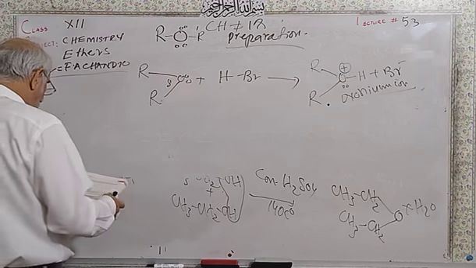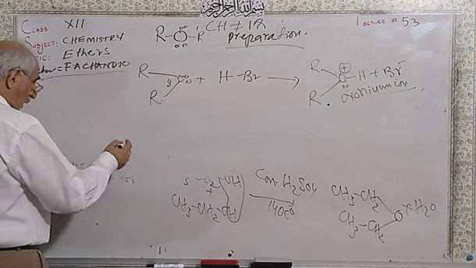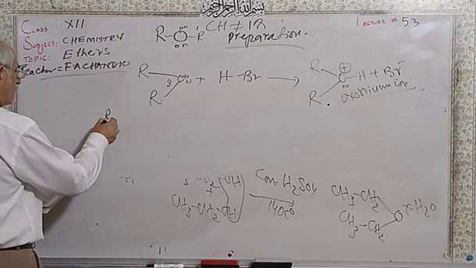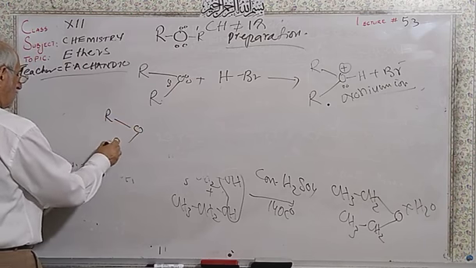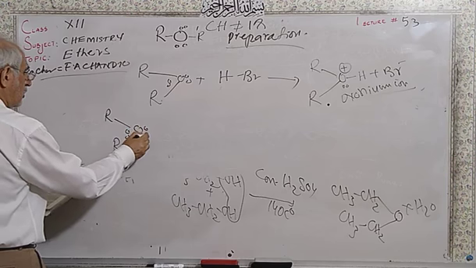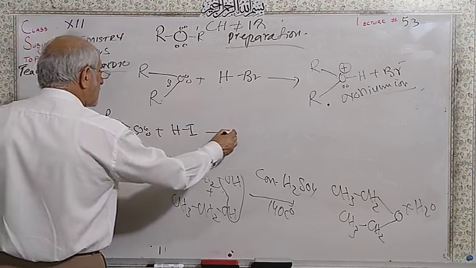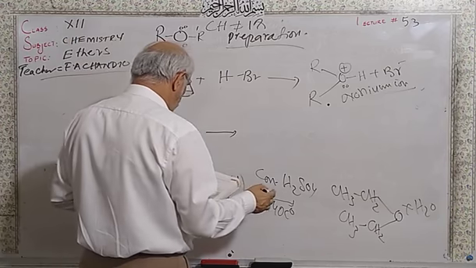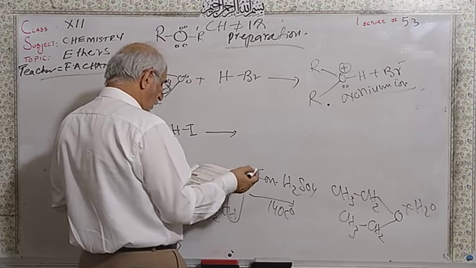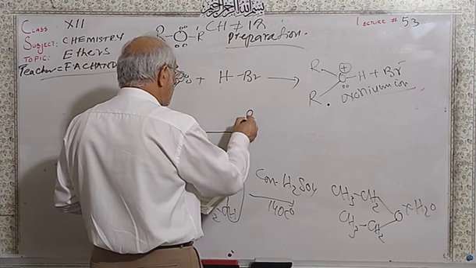But if I am going to use hydroiodic acid, it is a much stronger acid than hydrobromic acid. So first of all, you will get the oxonium ion.